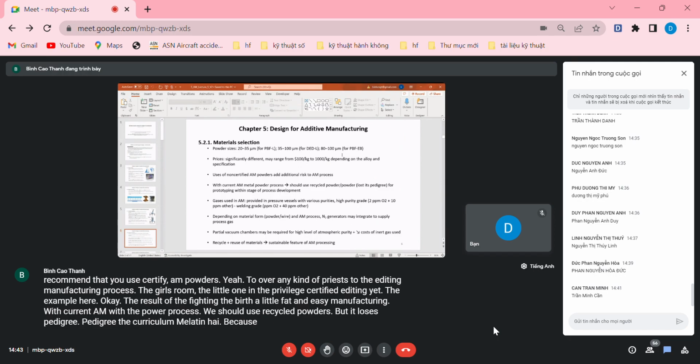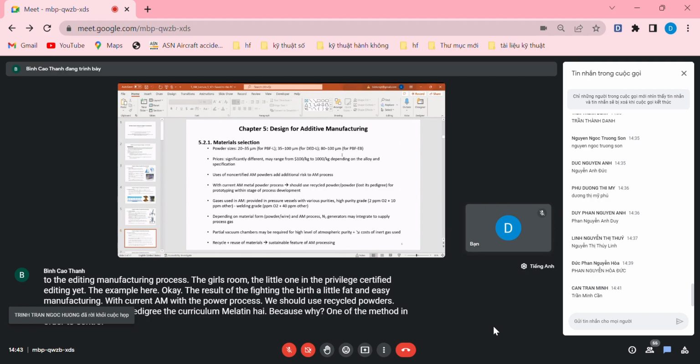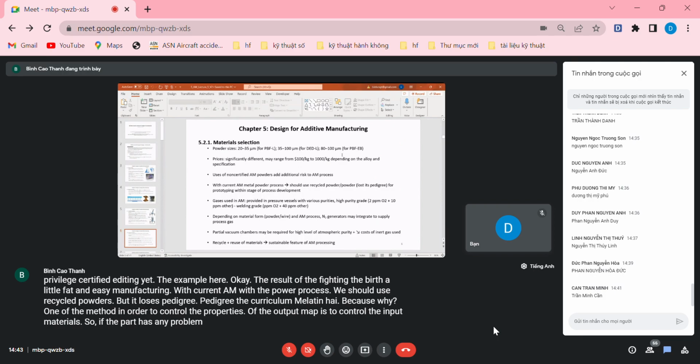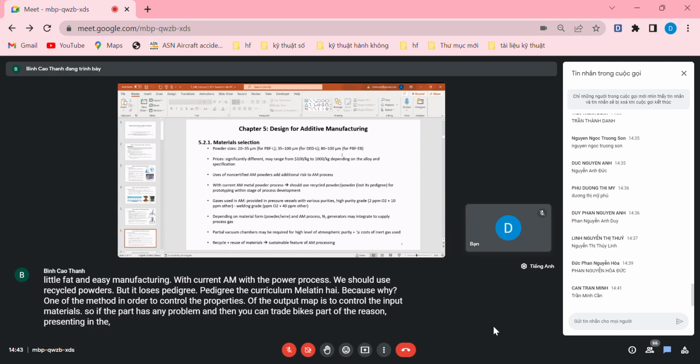Because one of the methods to control the properties of the output part is to control the input materials. So if the part has any problem, you can trace back what is the reason resulting in the damage or defect.